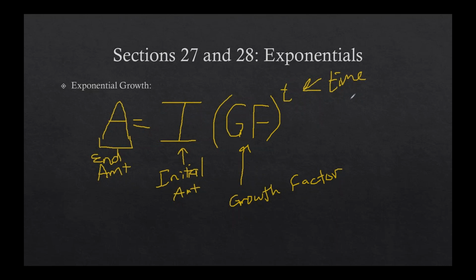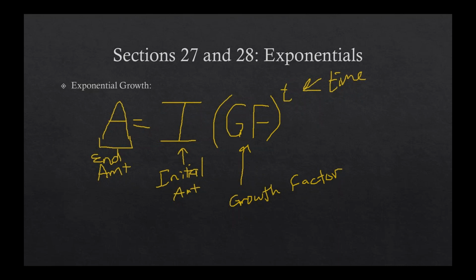Any time period is represented by our letter T. Once you know your growth factor and your initial amount, you can write your formula. Remember, with linear models, we needed a slope and a y-intercept to write the equation. With exponentials, we need the initial amount and the growth factor. That's the formula we're going to use as we move forward.